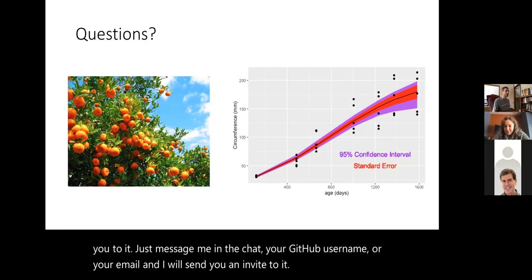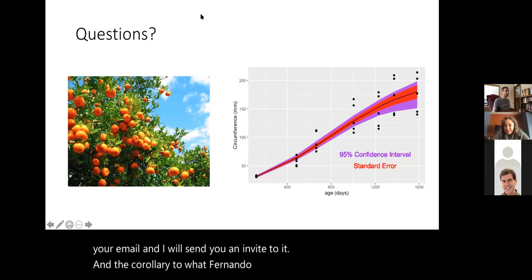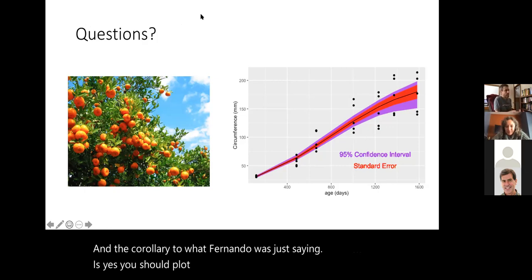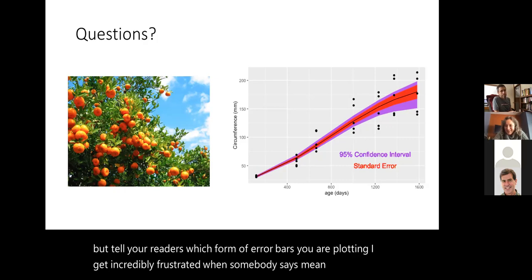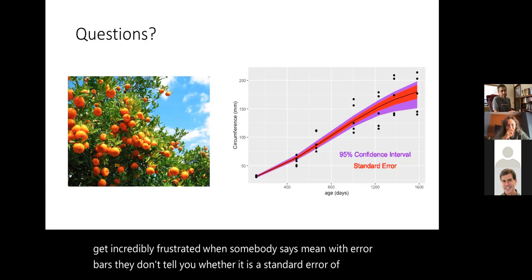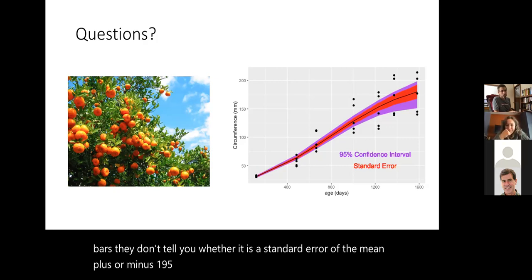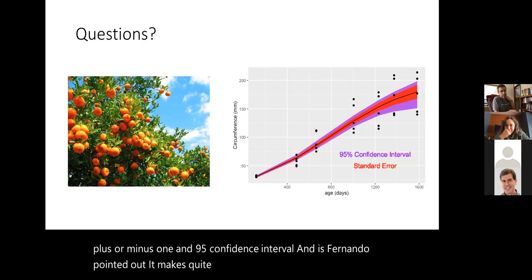And the corollary to what Fernando was just saying is, yes, you should plot some form of error bars in a graph, but tell your readers which form of error bars you're plotting. I get incredibly frustrated when somebody says mean with error bars and they don't tell you whether it is a standard error of a mean, plus or minus 1, or a 95% confidence interval. As Fernando pointed out, it makes quite a difference in interpreting it.